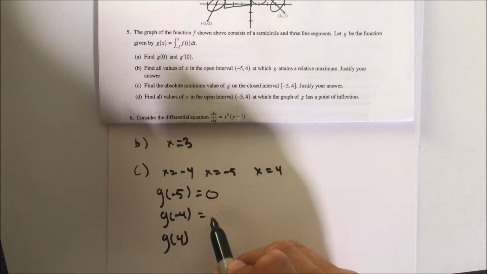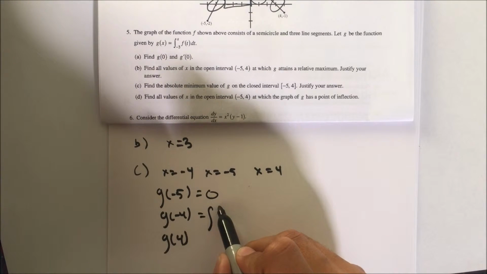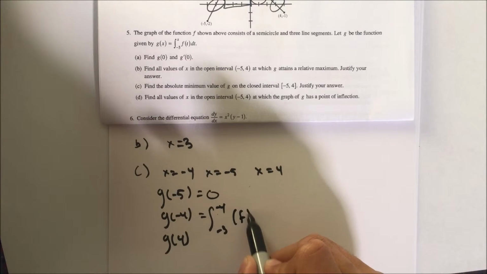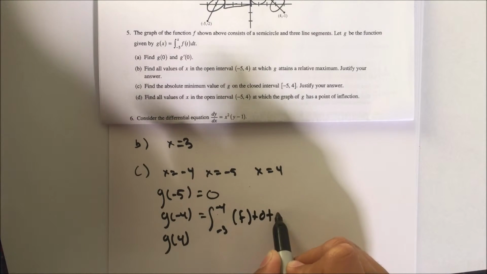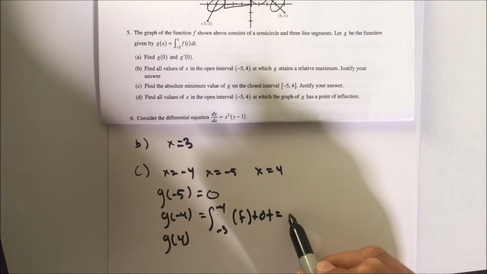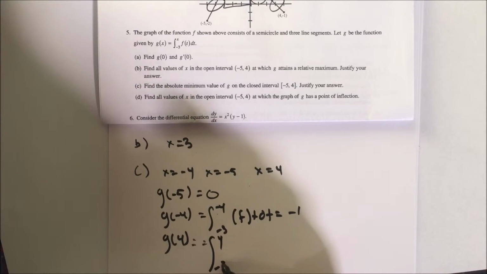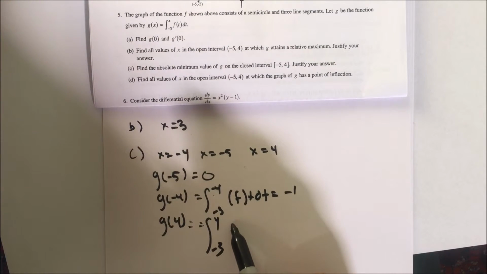G of -4, which we have to plug into the original function, you will get -1, and plugging in 4, you will have 9 over 2.